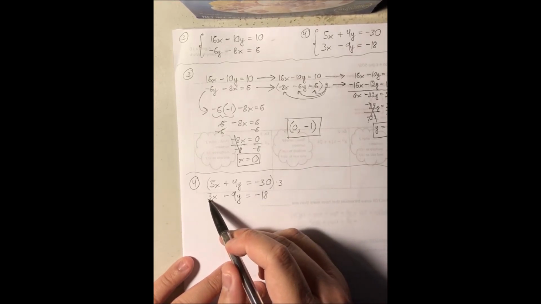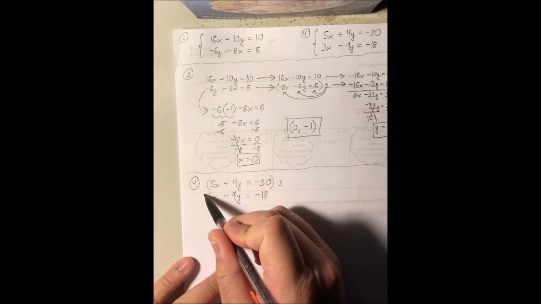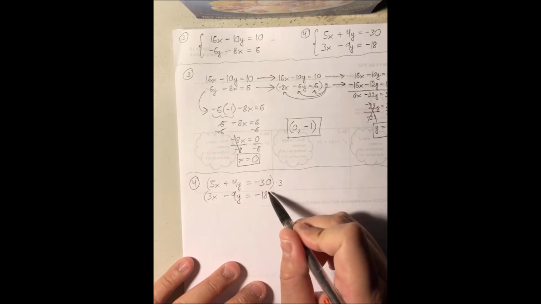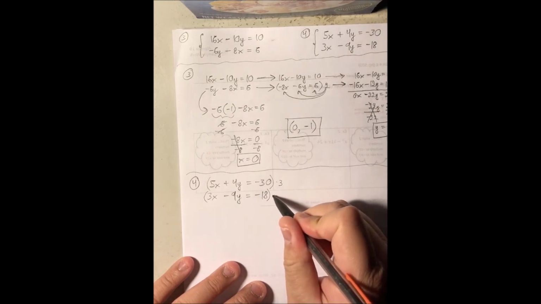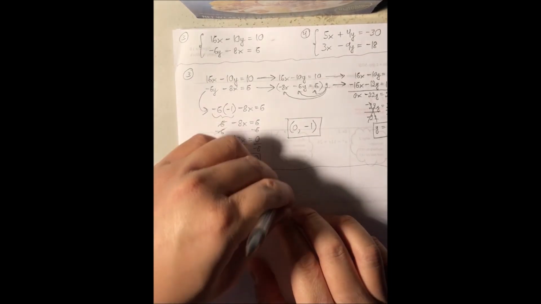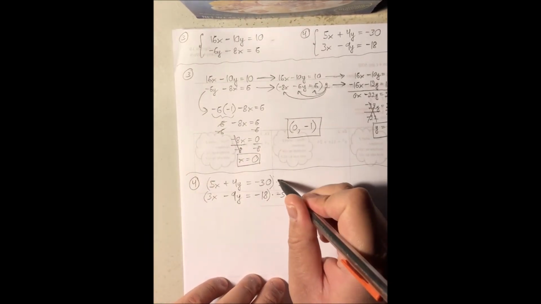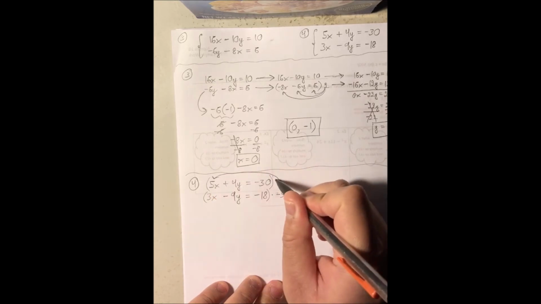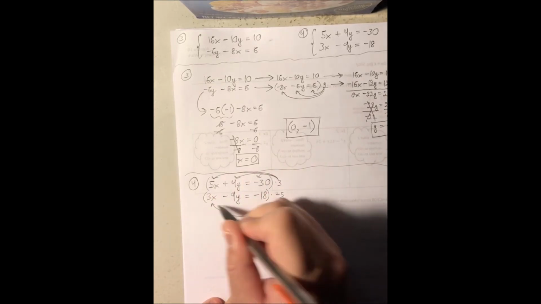Now to convert the second x coefficient into the opposite of positive 15, which is negative 15, since I have positive 3, I just have to multiply the entire second equation by negative 5. So distribute it in.